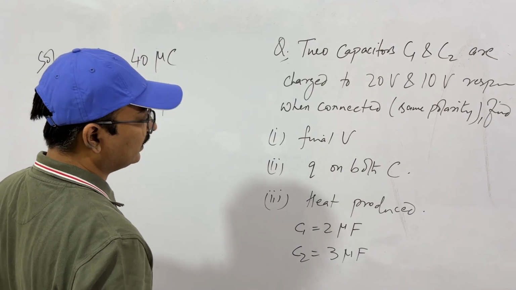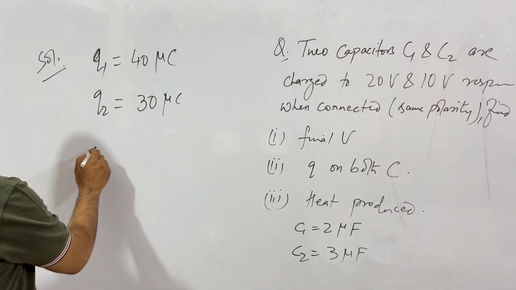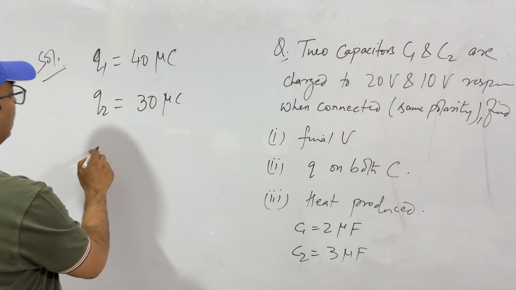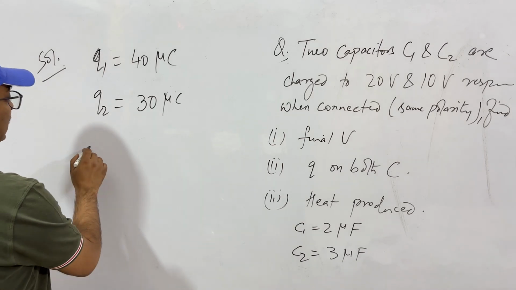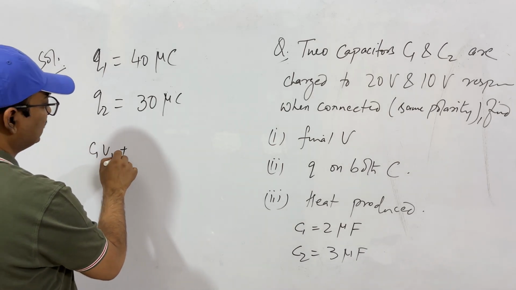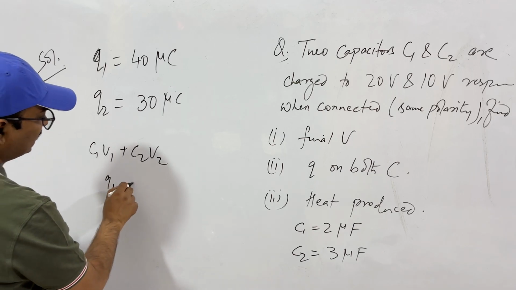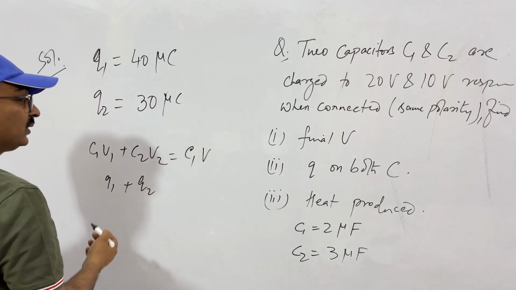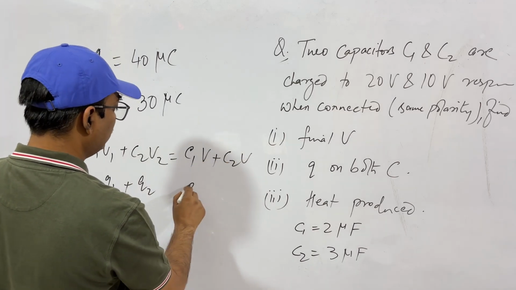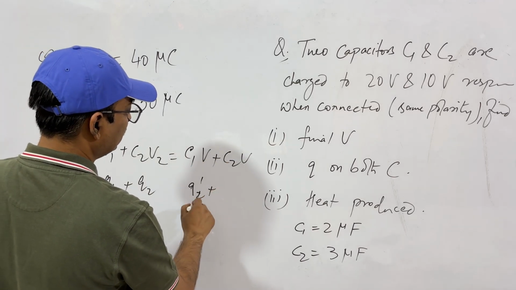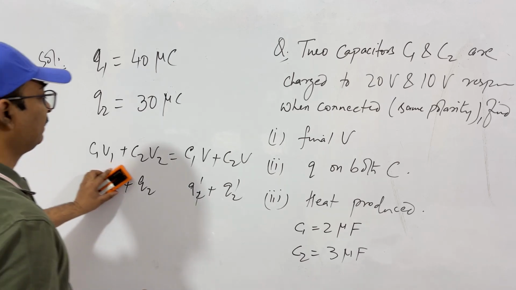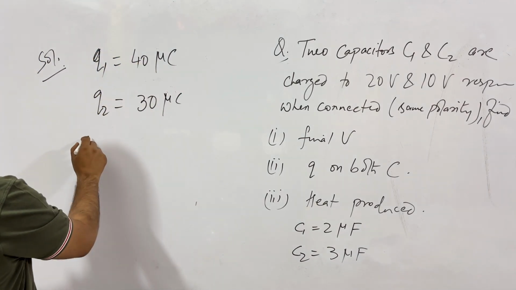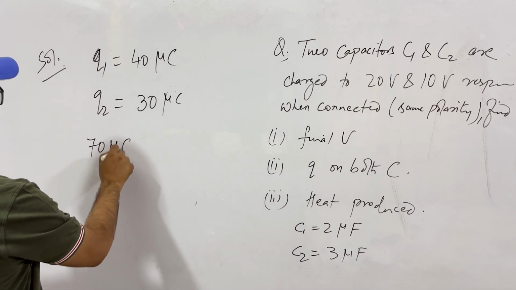Now the two are connected. After connection, we'll have a common potential. What will be that potential? From conservation of charge, C1 V1 plus C2 V2, that is Q1 plus Q2, will be equal to C1 V plus C2 V, where V is the new potential, that is Q1 dash plus Q2 dash. C1 V1 plus C2 V2 is basically 40 plus 30, 70 microcoulombs.